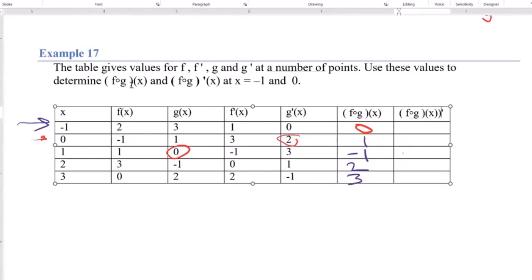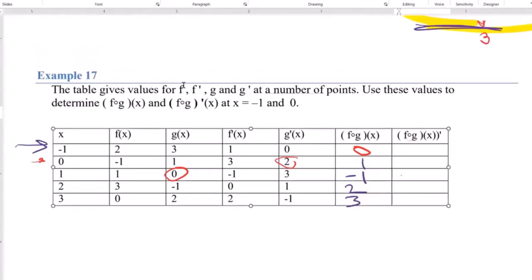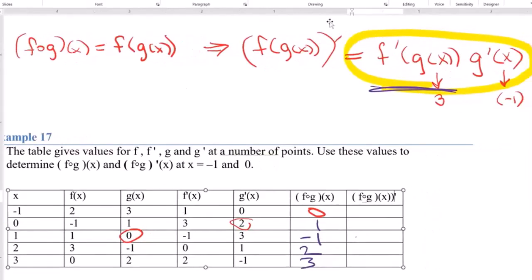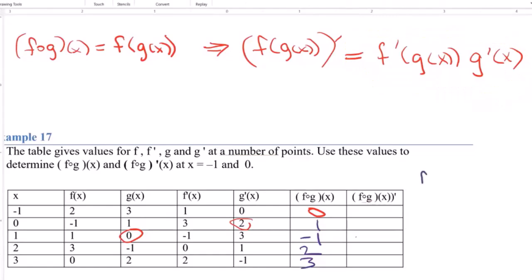F composed with g of x, now we have to do the derivative. And we wrote it up here. The derivative of that function is f prime of g of x times g prime of x.